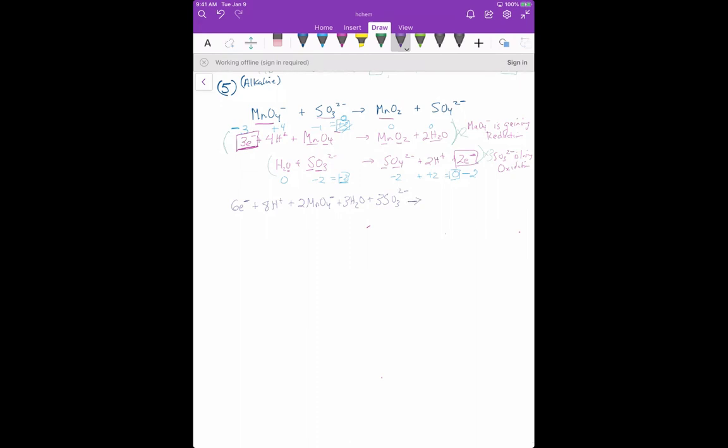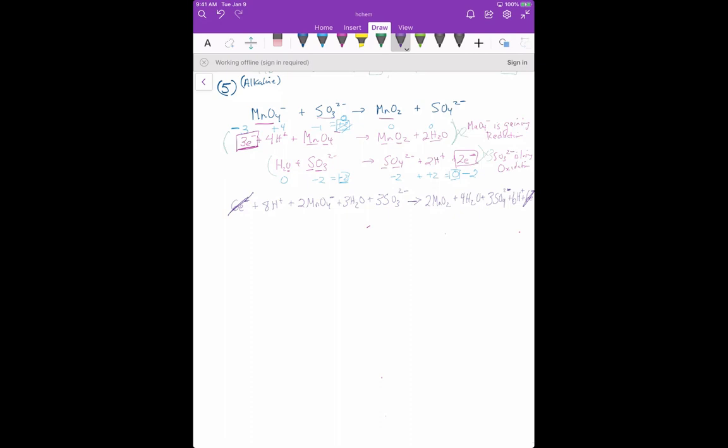Now everything on the product side: 2 MnO2s, 4 H2Os, and then on the next line, 3 SO4 2 minus, 6 H plus, and 6 electrons. Okay, so we know automatically our electrons can cancel. Let's see what else cancels.